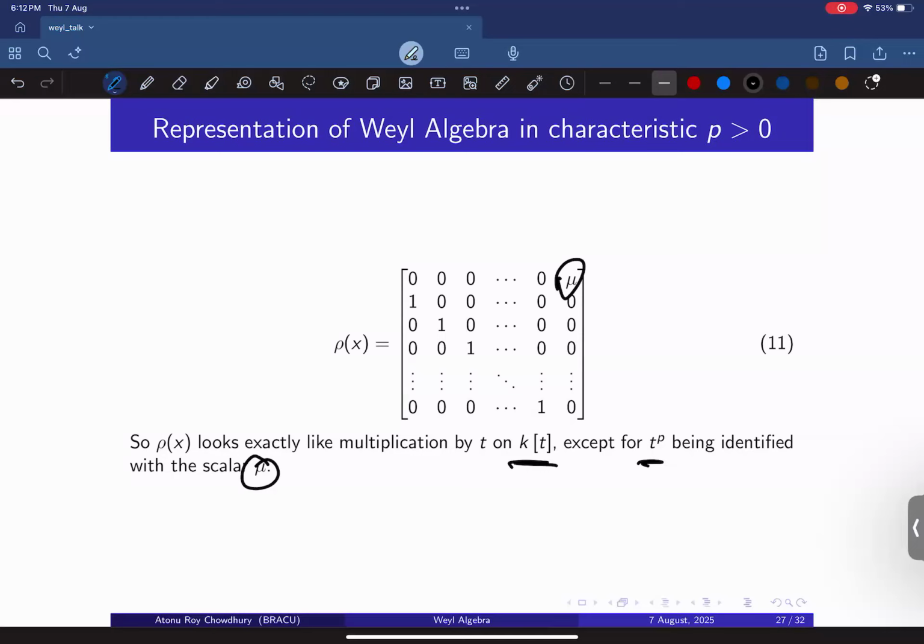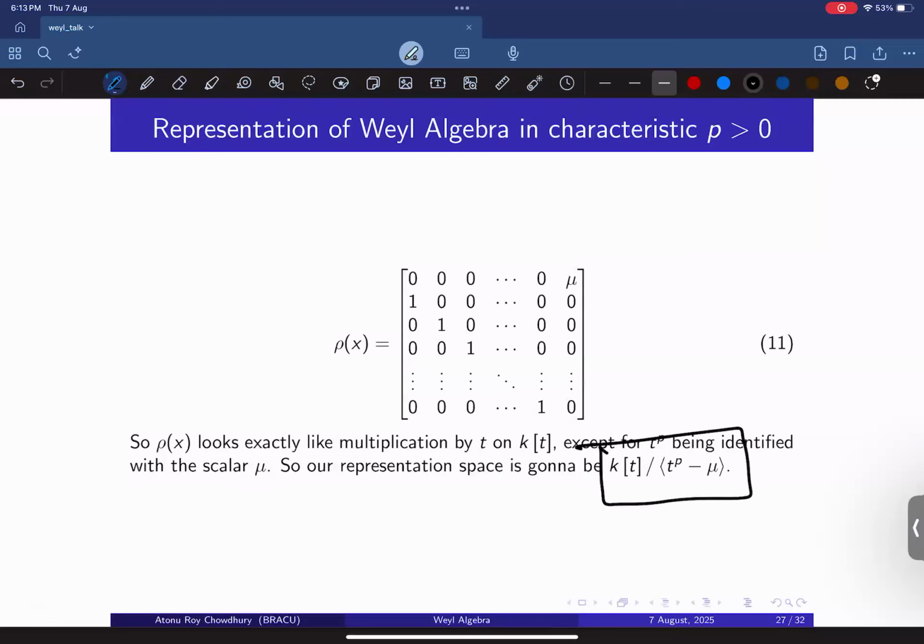So therefore, what is our representation space? It should not be k[t], because firstly, it is infinite dimensional. So it's k[t] quotiented out by something, and we are making an identification here, which is t to the power p is equal to mu. So our representation space is going to be k[t] quotient t to the power p minus mu.